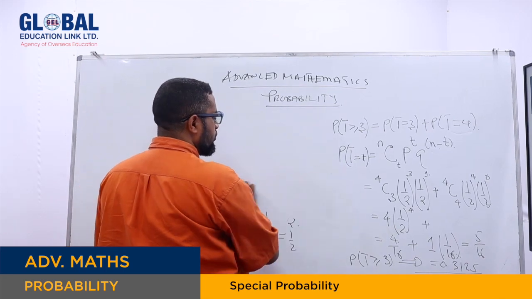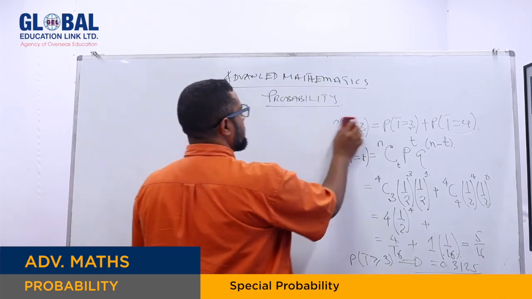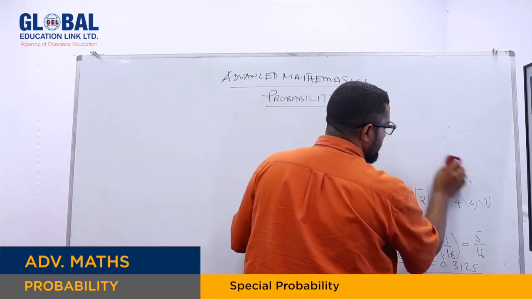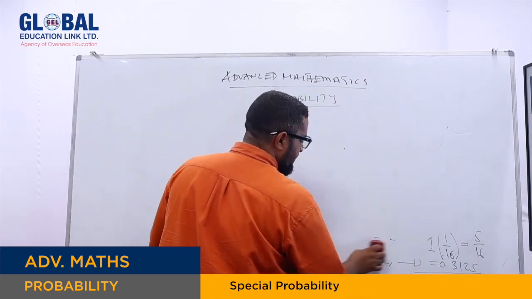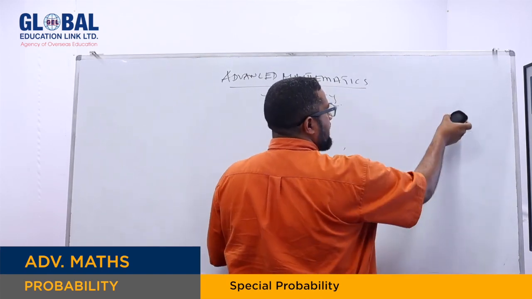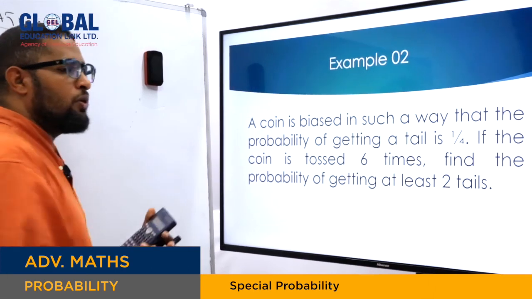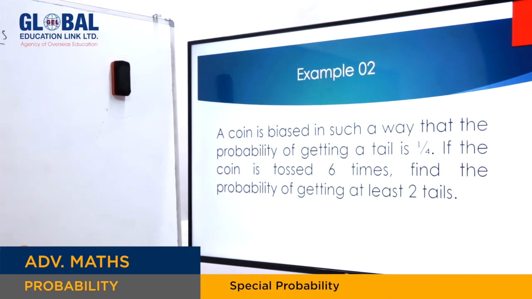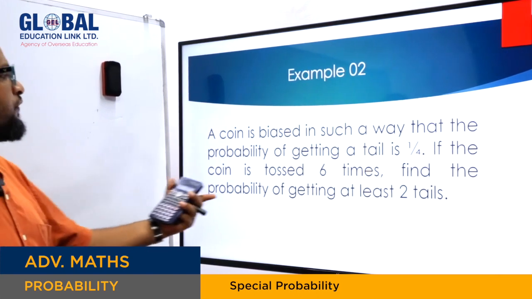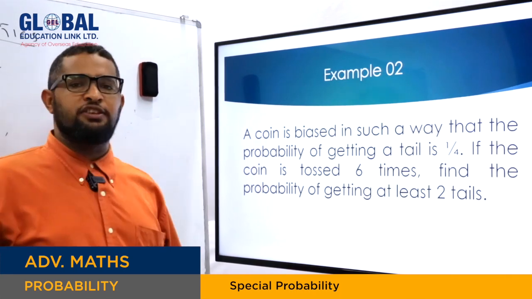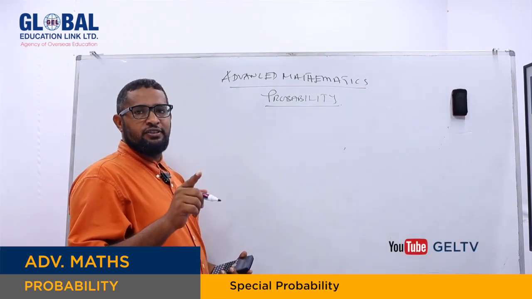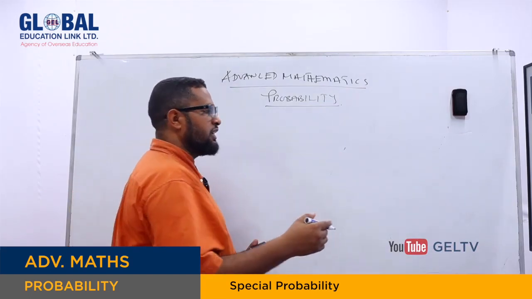So you need to know some terminology that is used when questions are constructed like that one. In the first example, we see just a normal coin, but in the second example, it is a biased one, meaning not a normal coin. A coin is biased in such a way that the probability of getting a tail, and that one will be the probability of success, because the question is asking about tail.